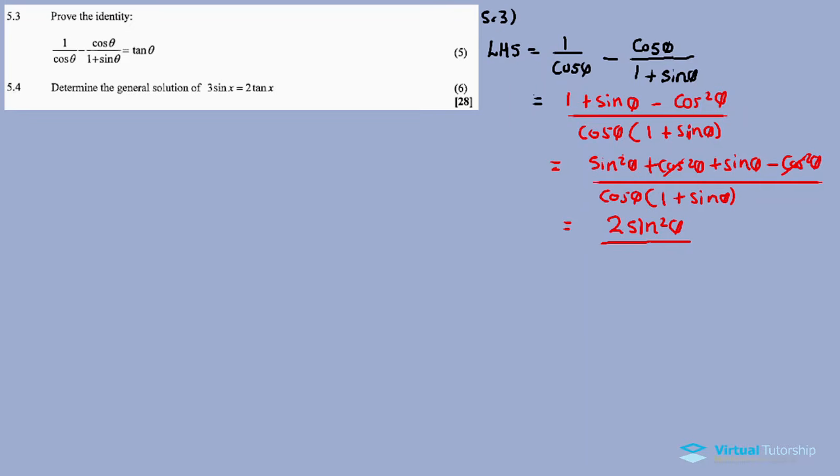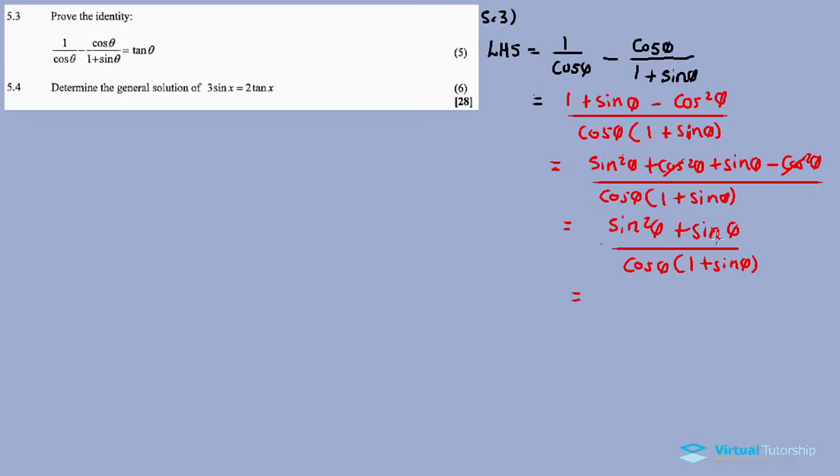Okay. No. Check again. This cos cancels this cos, but I thought this was sine squared, but that's not the case. So here we are going to have something like sine squared theta plus a sine theta divided by cos theta, 1 plus sine theta equal to.